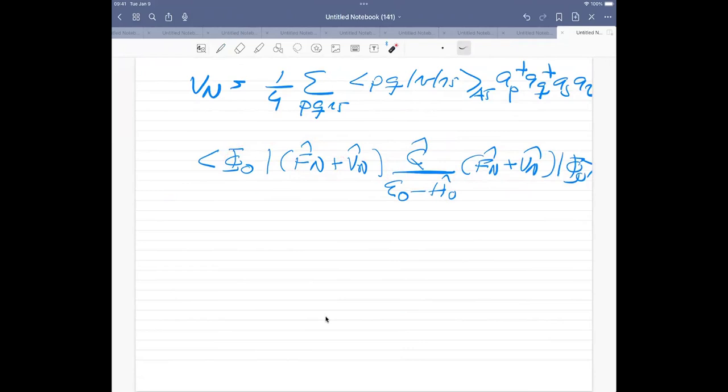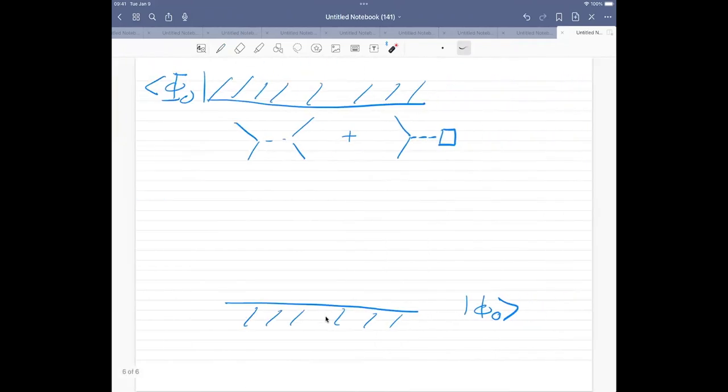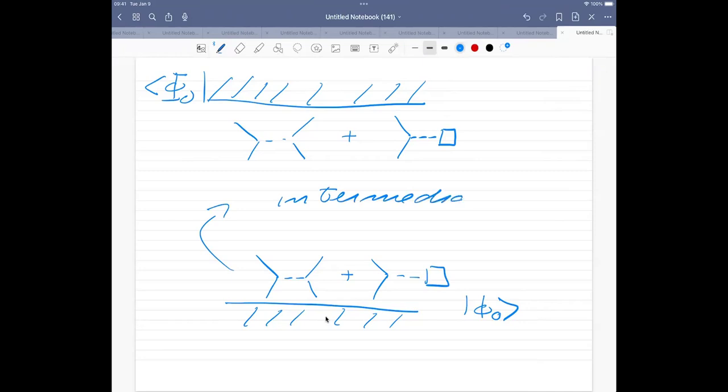So you can think of this as an intermediate excitation where we have an operator which acts on a specific state of the system and brings us into an intermediate state. And then this intermediate state gets de-excited and brings us back to the ground state.